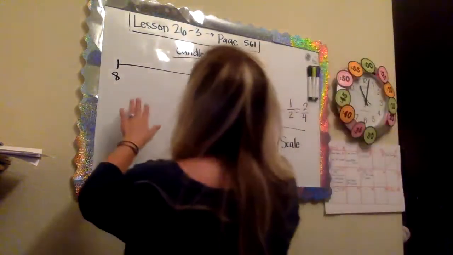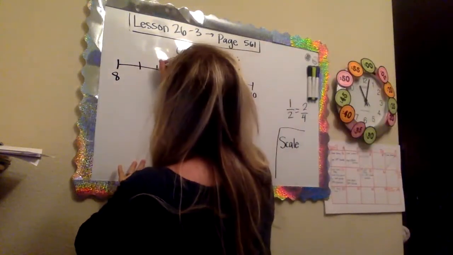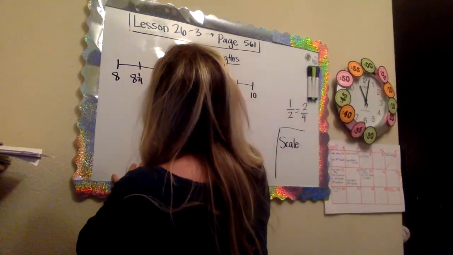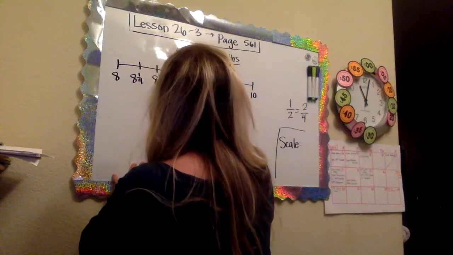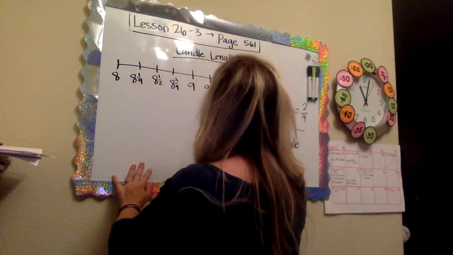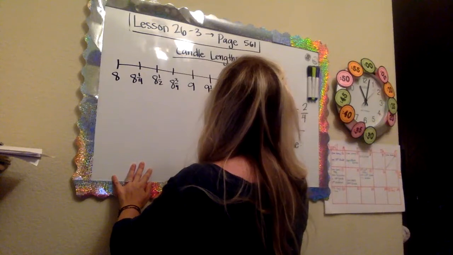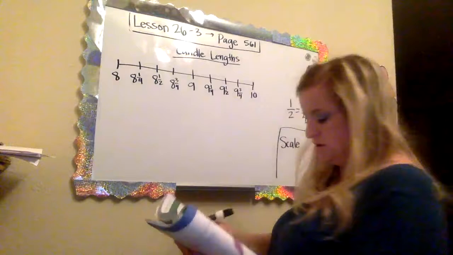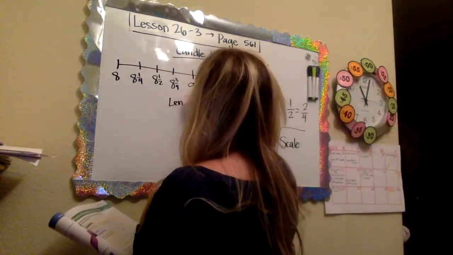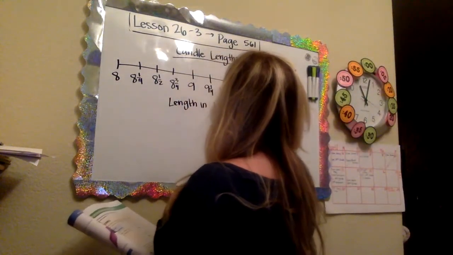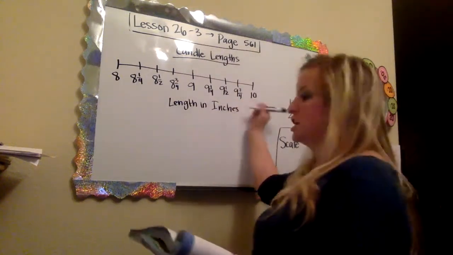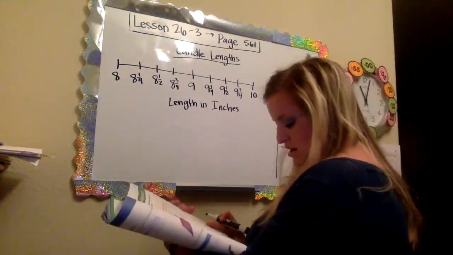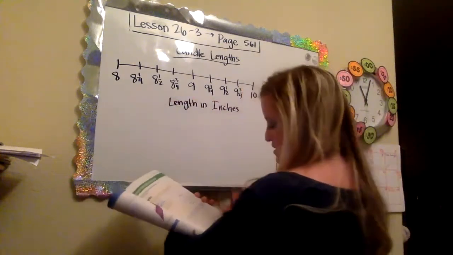So it would go 1, 2, 3 lines, 1, 2, 3 lines, 1, 2, 3 lines. 8 and 1/4. 8 and 1/2. 8 and 3/4. 9 and 1/4. 9 and 1/2. 9 and 3/4. So now I need to write down here, this is length in inches. Again, a 2-foot candle is going to be a little bit different than a 2-inch candle. So, all right, mine looks just like the book.